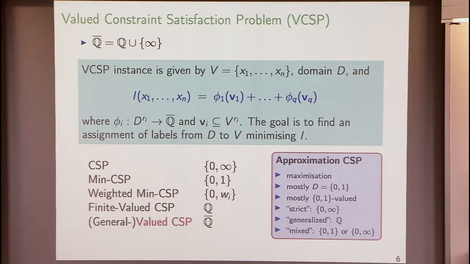And there are very few results in the approximation community where you allow infinity, so that it includes the crisp CSP or decision CSP as a special case. Often the results tend to be stronger, but for a smaller framework. But we really do want to include CSPs as a special case because it's an interesting framework capturing so many nice things.